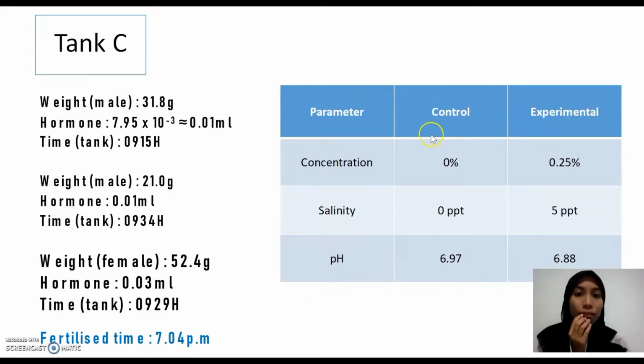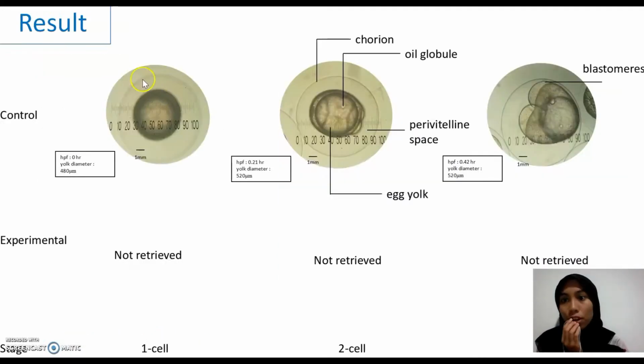Okay, we have two test solutions, which are the control and experimental. Moving on to the stages. Firstly is the zygote stage, which is one cell. We could not retrieve the pictures for experimental because we couldn't find the stages at that moment.